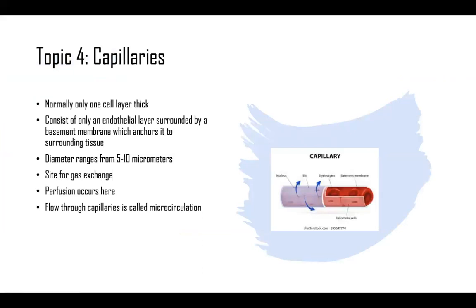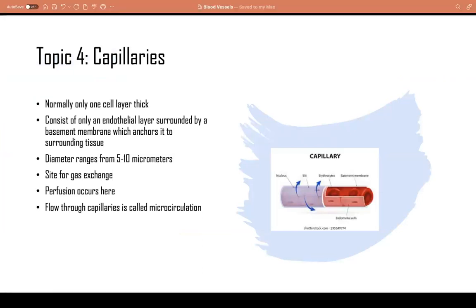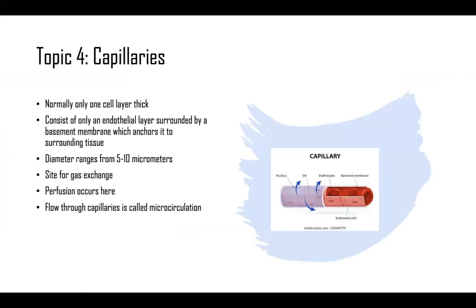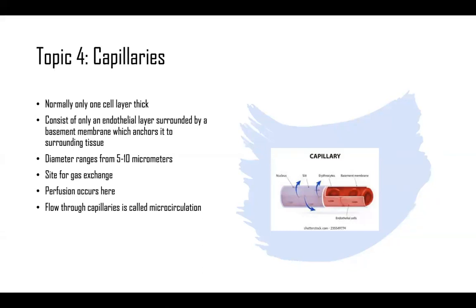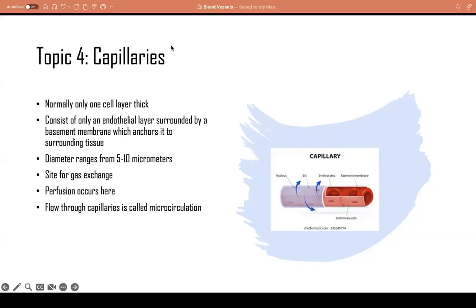The diameter ranges from around 5 to 10 micrometers, and capillaries are the site for exchange of gases and other substances between blood and surrounding cells through perfusion, and the flow through capillaries is called microcirculation. So we can see those endothelial cells in here in that basement membrane around that capillary. We'll be seeing some of these terms later on in the presentation.